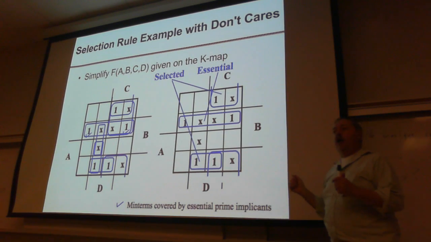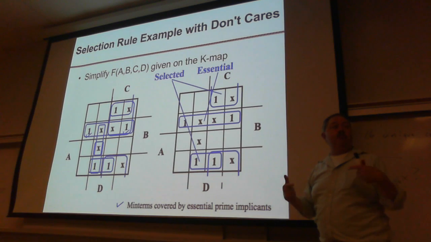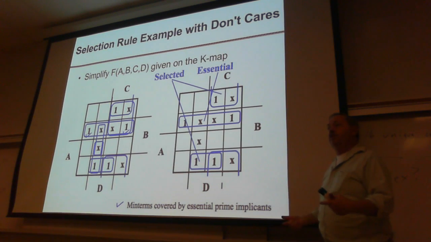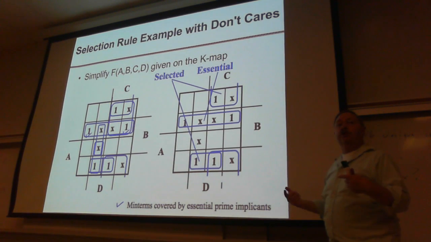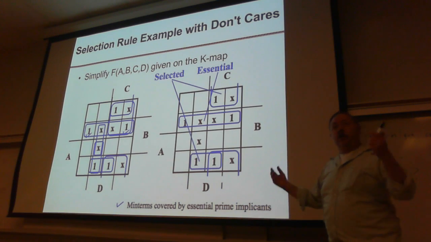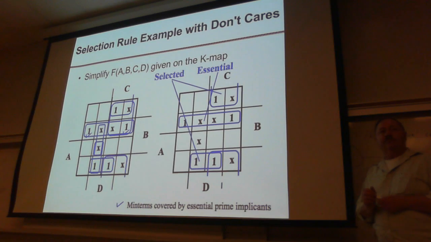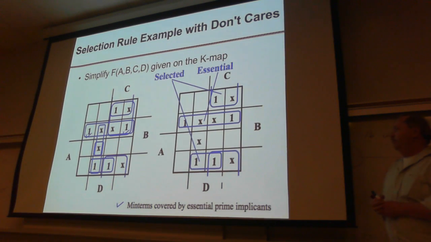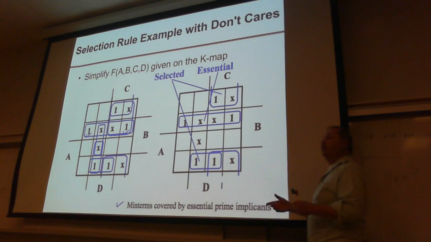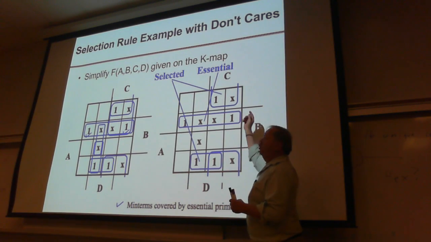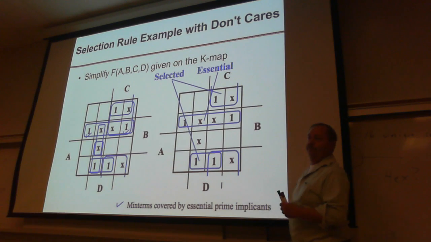But since I want to approach this in the same methodical approach every single time, I'm going to start with my largest groupings first, and then work my way down. Either one would have been correct. You are less likely to make an error doing the largest groupings to the smallest.